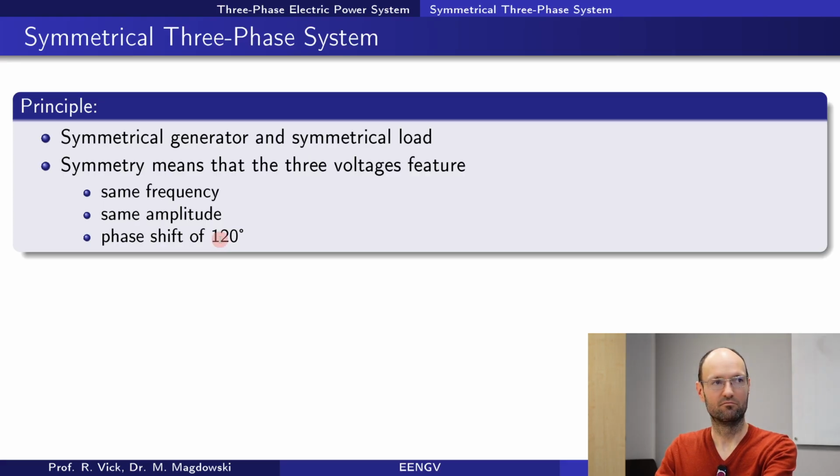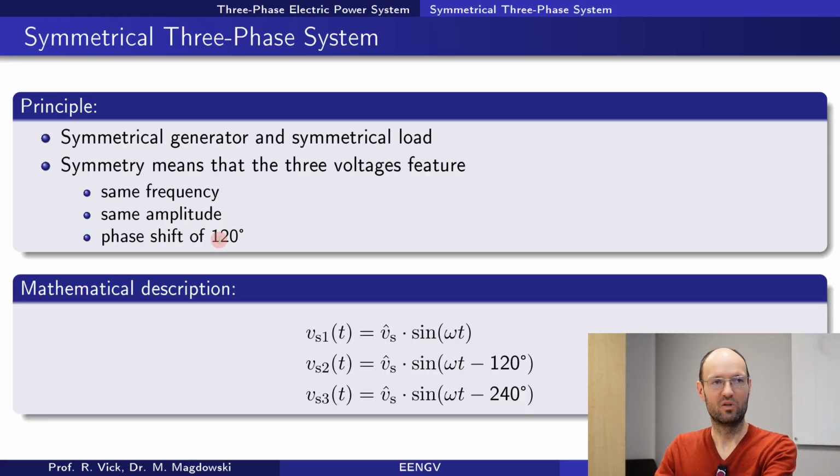Okay, so now we need some mathematical description, and it would look like this. There is some amplitude of all these voltages, and the amplitude is the same everywhere. We have some angular frequency, which is the same, with the same sinusoidal dependence, and the second voltage is phase shifted by minus 120 degrees.